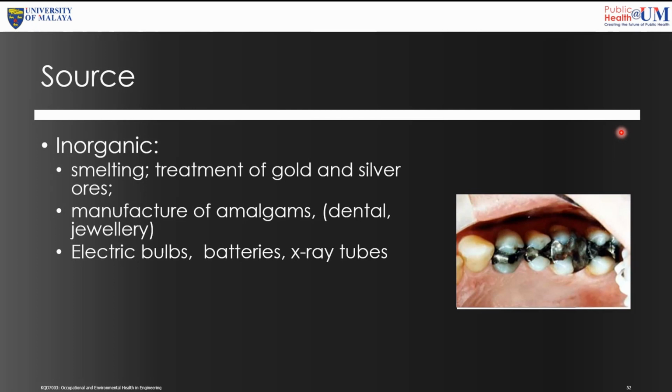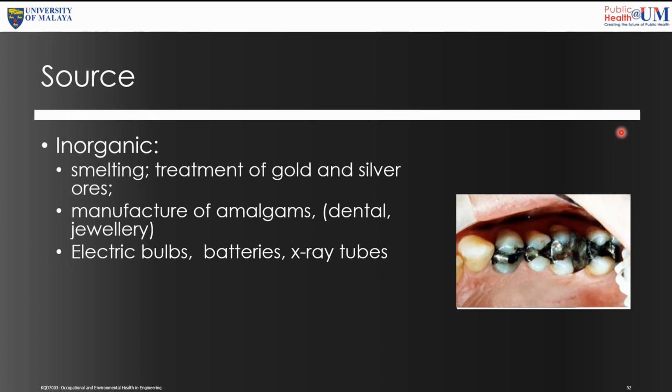Now currently we don't use mercury for dentures. That's what you see in this picture. We don't use it anymore. What we use is basically a synthetic product. But the problem is the synthetic product is less durable than mercury.